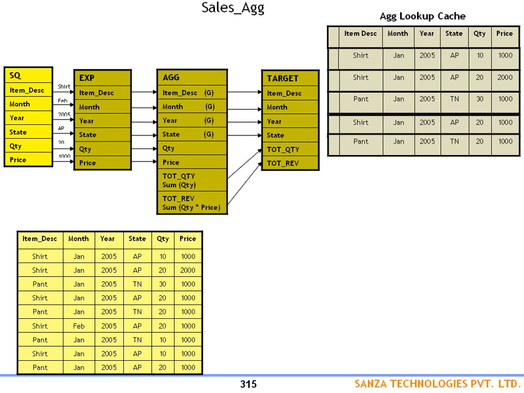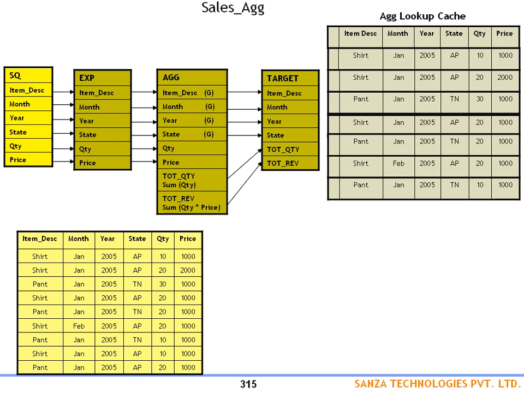It will put the data in the cache. Then the next record, and like this, it has put the data in the cache of the aggregator.